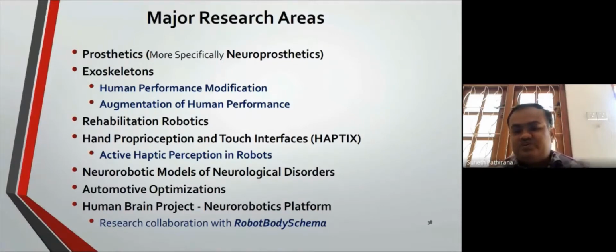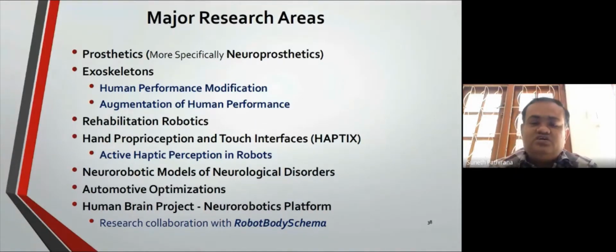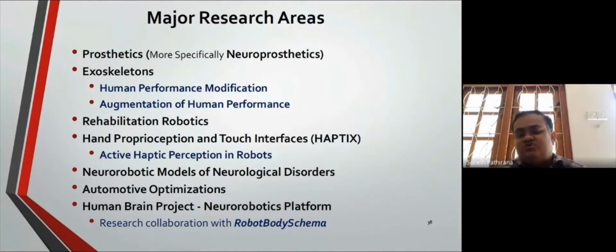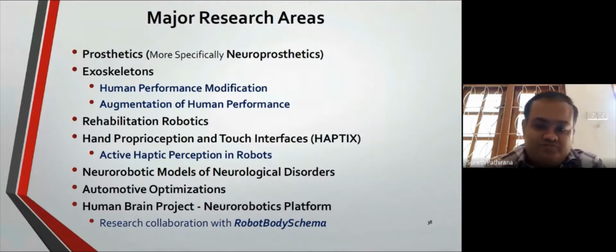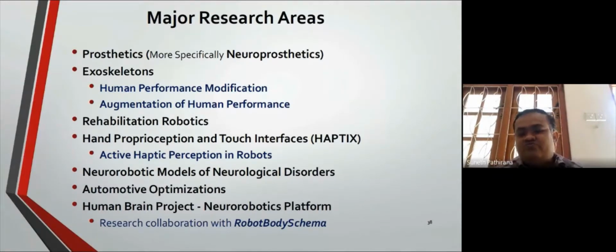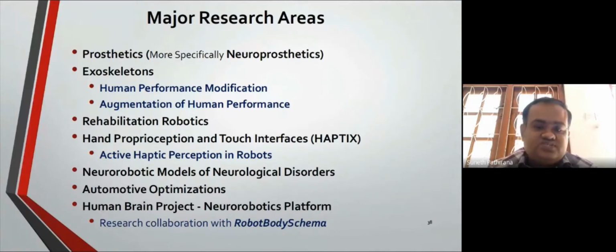For example, a typical prosthetic arm or artificial hand, a robotic arm, doesn't sense anything when it tries to grab or touch a 3D object in space. So with haptics, researchers and scientists are going to give some kind of feedback, again giving a skin-like sensation, touch sensors for the robotic arms.